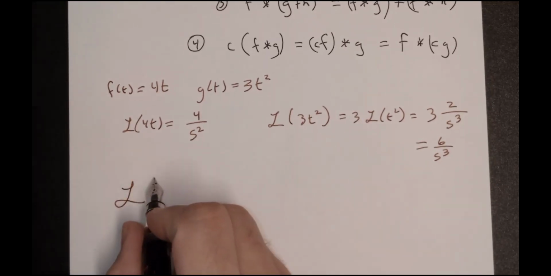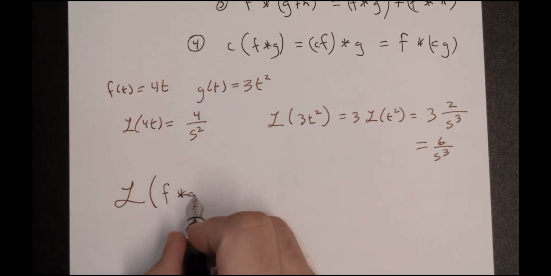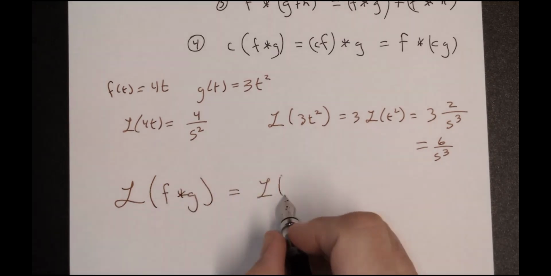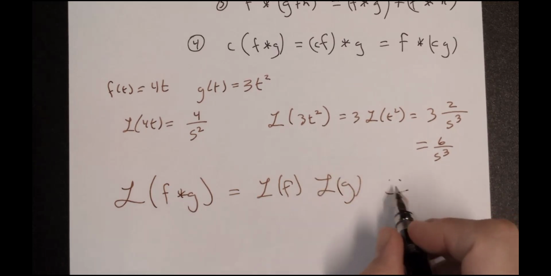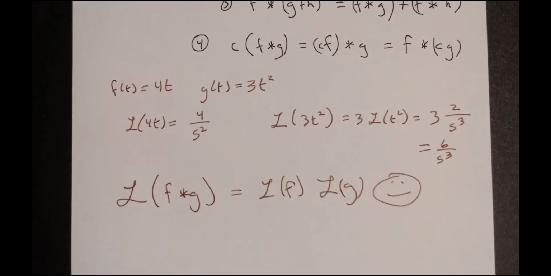The Laplace transform of f star g is the Laplace transform of f times the Laplace transform of g. Convolution becomes multiplying in the Laplace transform.